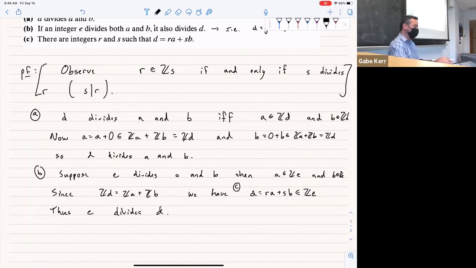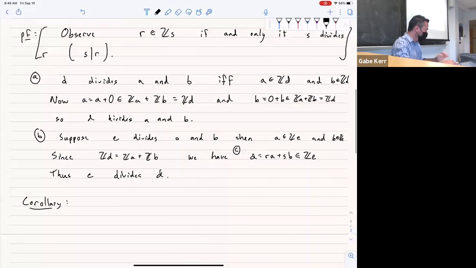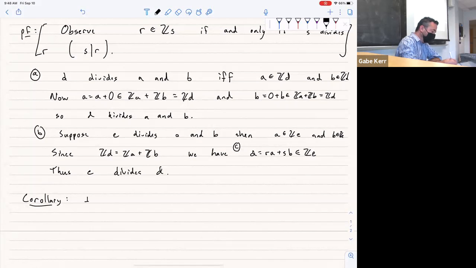Again, a very important corollary that is used frequently in algebra and number theory, and, I would say, to some extent even in calculus, in the reason partial fractions work, follows from this kind of theorem, which is: if the greatest common divisor of two integers is 1, then there are integers R and S such that R times A plus S times B equals 1.